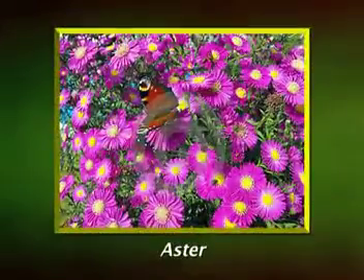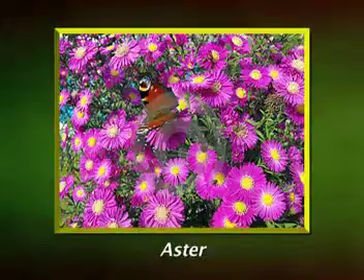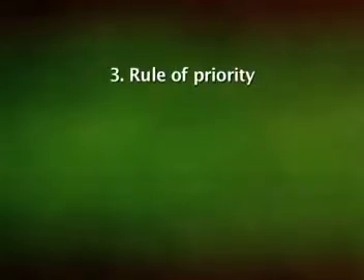Thus, the family Asteraceae is typified by the genus Aster. The type of a genus is a species, that of a family a genus, as per Article 9 of the ICBN. Rule 3, rule of priority. Priority of publication is an important part of the rules of nomenclature and even forms one of the 6 principles of the code.